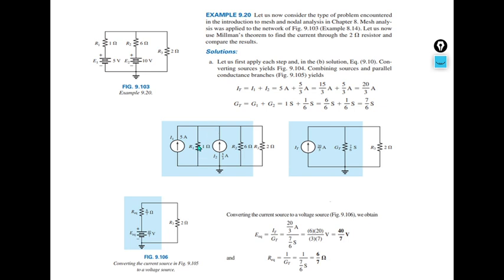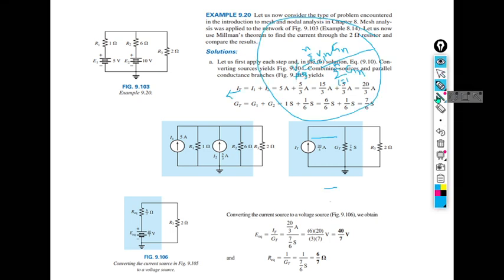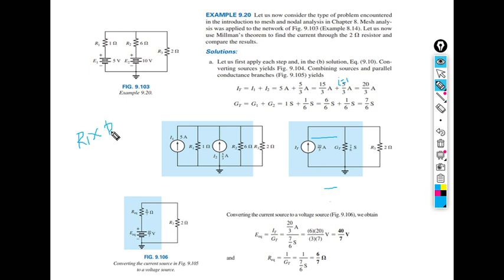Here we can see R1, R2 are both in parallel, so we can find the conductance and add them, or we can find the parallel resistance, where R equivalent is R1 into R2 by R1 plus R2.